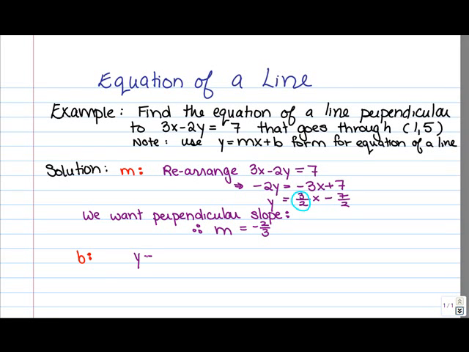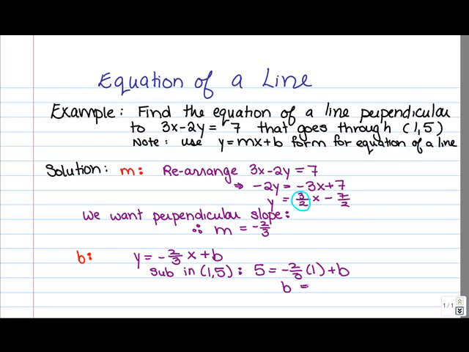So now we can go ahead and find b. We already found m is -2/3, so all we need to do is figure out b. We can sub in what we know, which is (1, 5). So that means 5, if we substitute that in for y, is equal to -2/3 times 1 plus b.